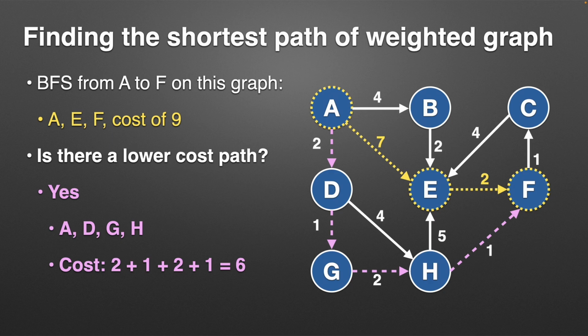And so when our edge weights matter, which is in a lot of practical applications, what we care about is not how many vertices we go through, but what the cost is to do it. So in this case, we would much prefer this path to this path. And so the question is, how do we get that path?